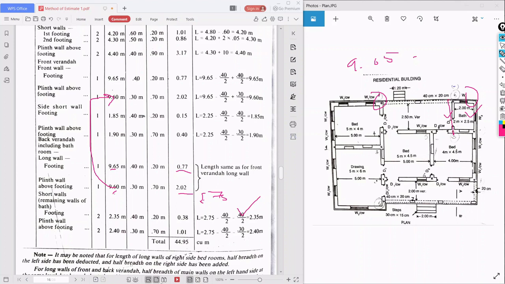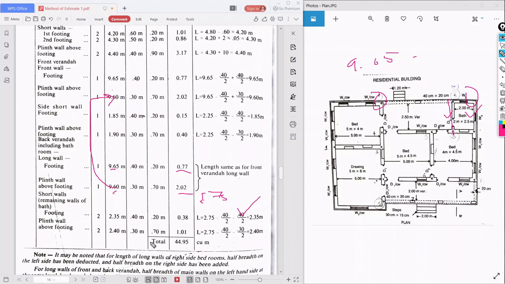Okay, because it is the first problem, we may feel difficult, but once you go with the concept, it will be very easy. Just wherever you come, with that level, with that width, with that height, you have to multiply. Okay, so 2.40 is there, so 0.30 is the width, 0.70 is the height. Multiply them, you will get 1.01.